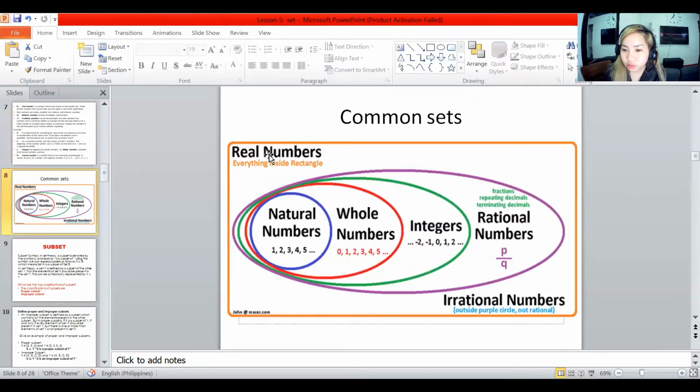So, real numbers, nasa loob ni real numbers lahat ng numbers, irrational man or rational. And then, for the rational, fraction po siya and decimal point. Kapag po fraction, pwede siya maging whole numbers.